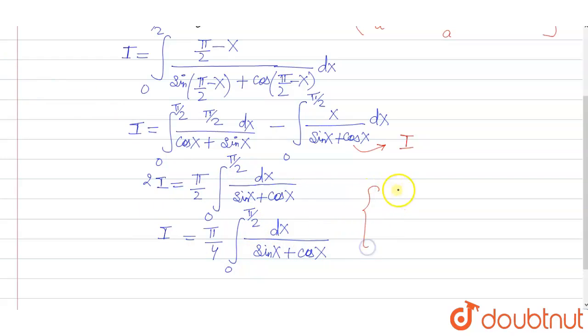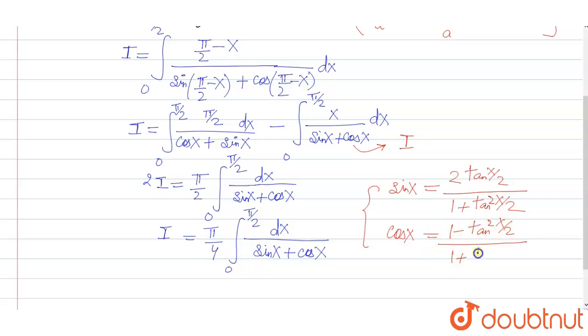We will use the formulas: sin x can be written as 2 times tan x by 2 divided by 1 plus tan square x by 2, and cos x can be written as 1 minus tan square x by 2 divided by 1 plus tan square x by 2.